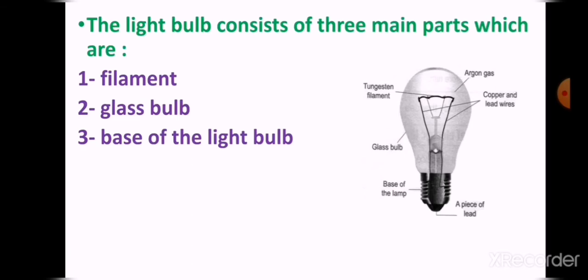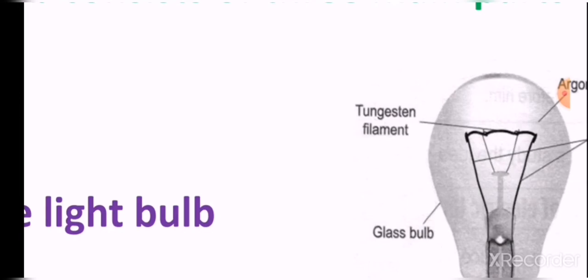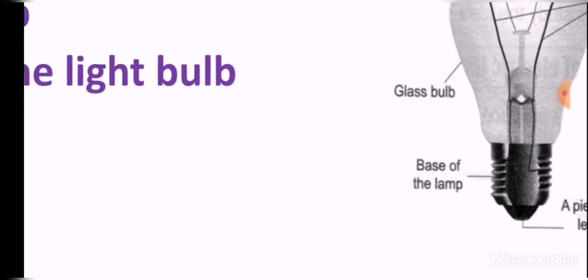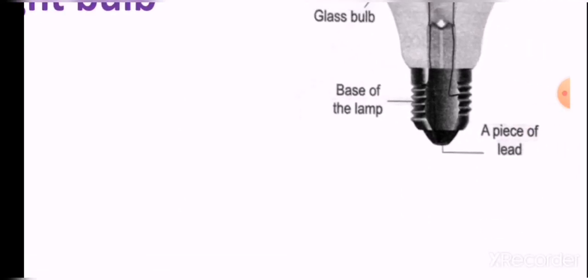The light bulb consists of three main parts: number one, filament, made of tungsten; glass bulb, the outer glass; and the base of the light bulb, the black one.